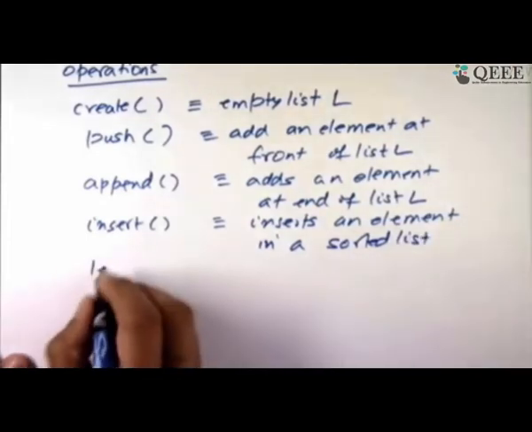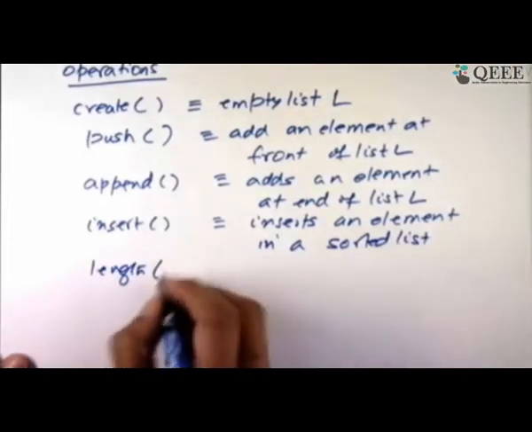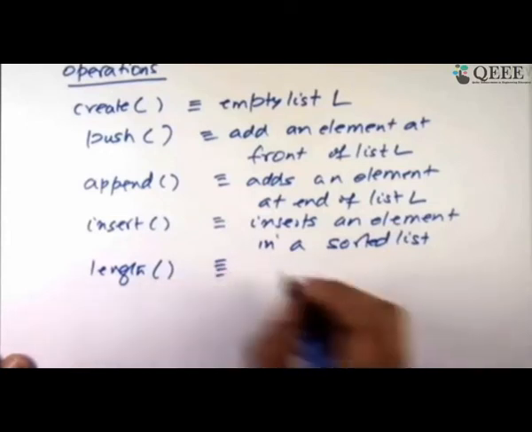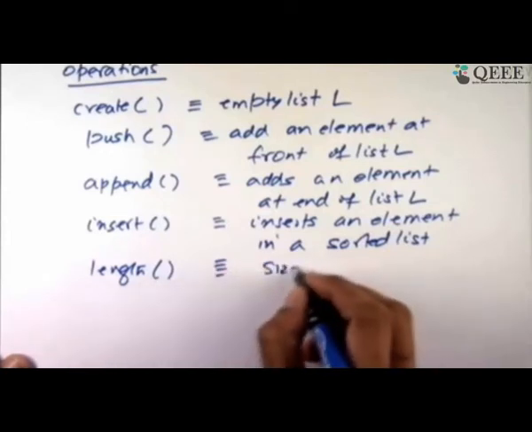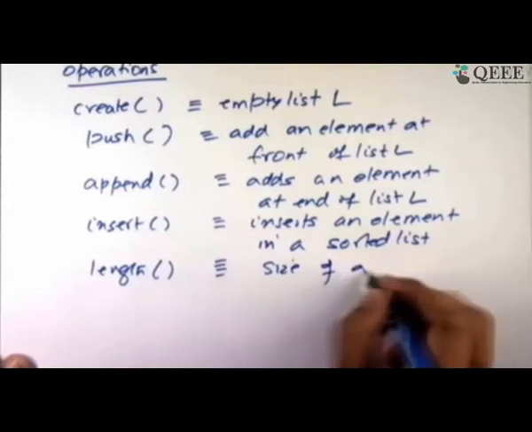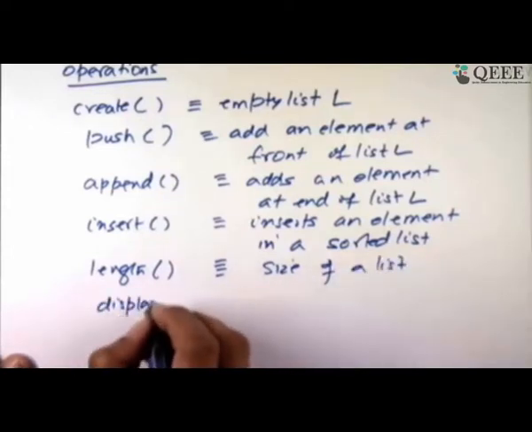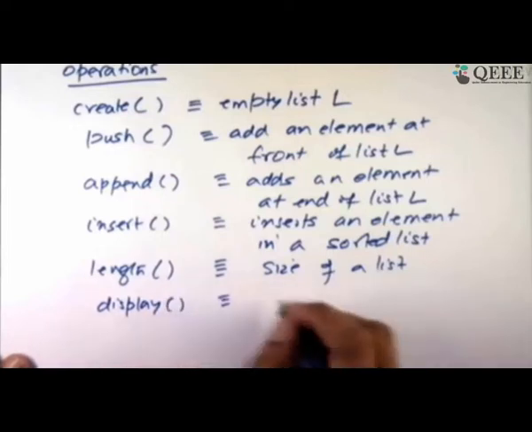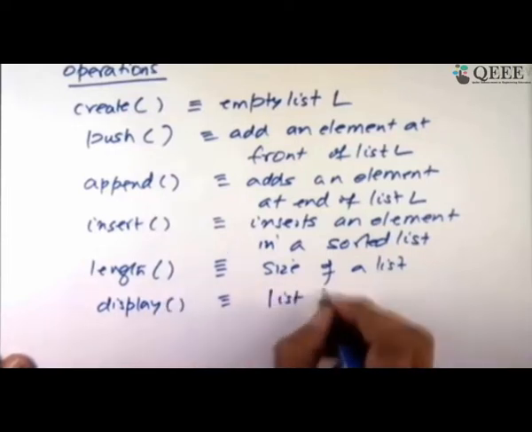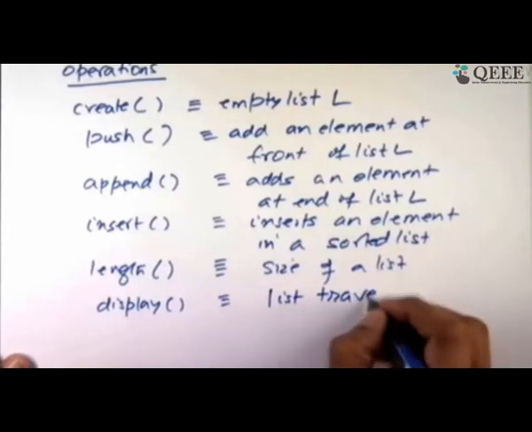You can use any operation; you don't have to be constrained by what I am saying. One returns how many elements are there, typically called the size of a list. You need to show what is there in the list, so you need to create a display operation. This is called traversal: you want to walk through the data structure.